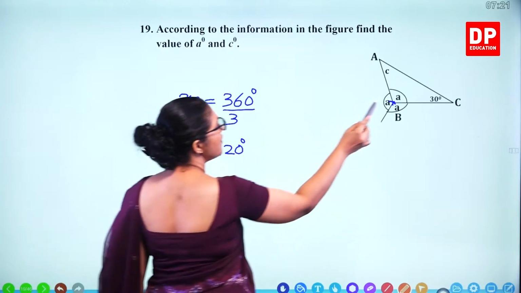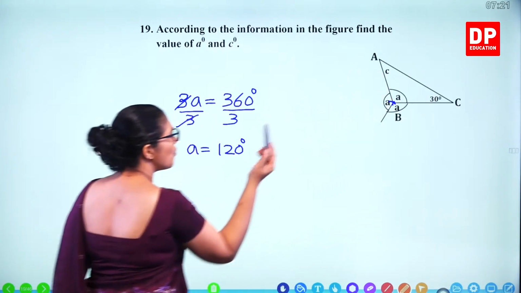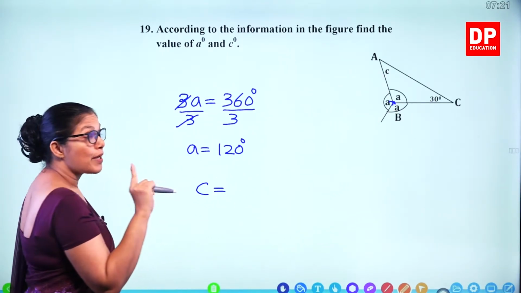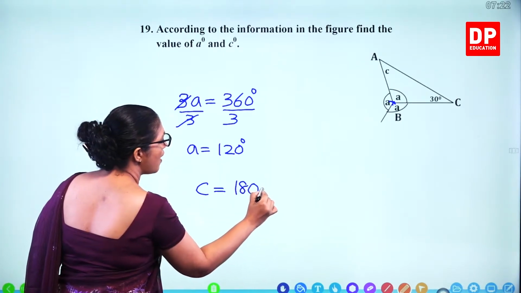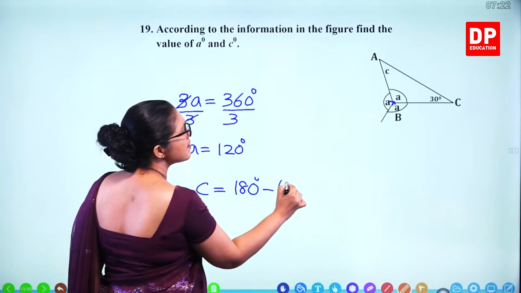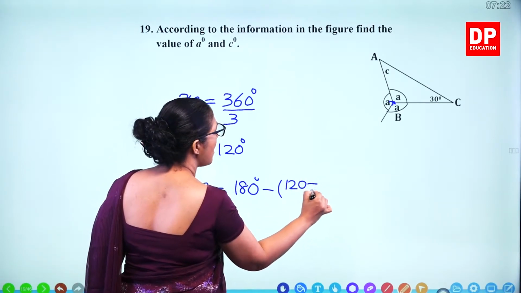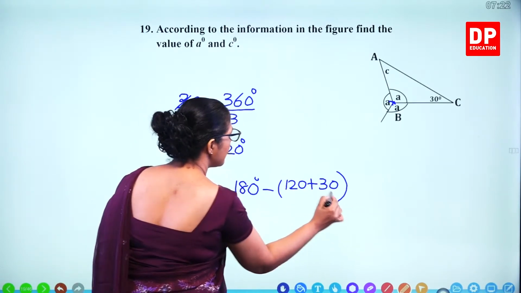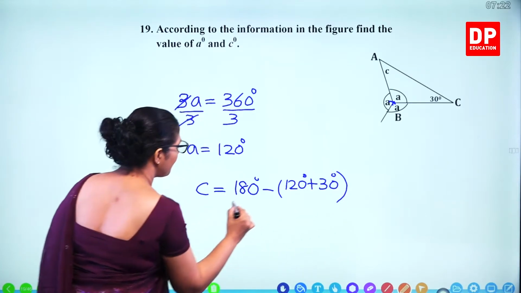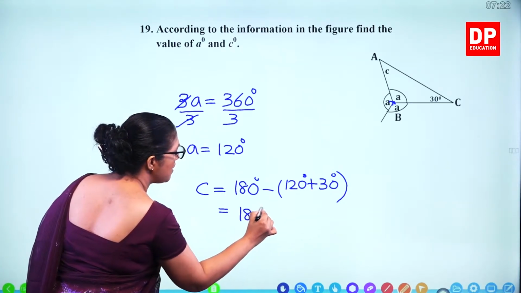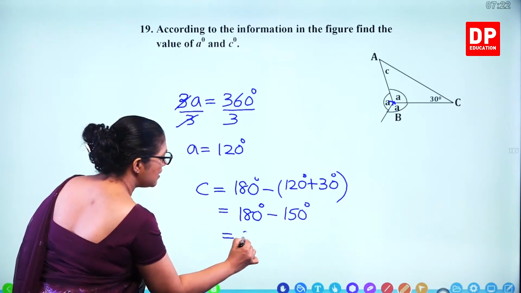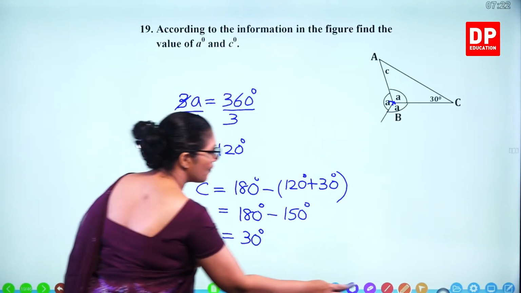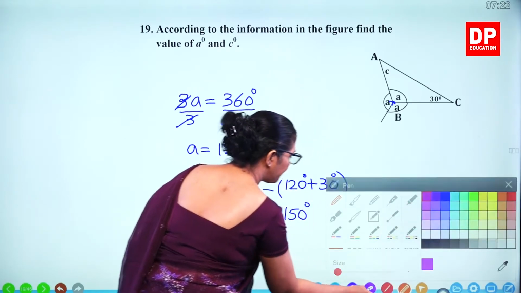We know A is 120, this is 30. So we can find C because the sum of angles in a triangle is 180. So 180 minus the sum of the other two angles, 120 and 30. 180 minus 150, you get 30 degrees as C. So 1 mark each.